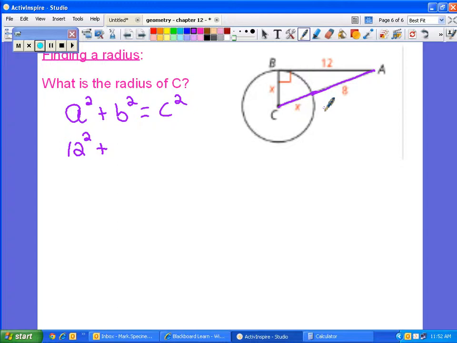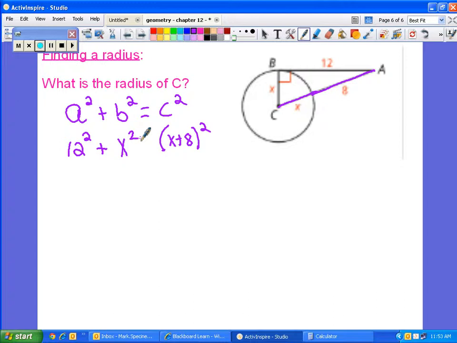Is it the B or is it the hypotenuse? Good. Are you asking me or telling me? Why is it the hypotenuse? Excellent. So this is actually x plus 8 squared. And then by process of elimination, if this one is 12, then this one has to be x.